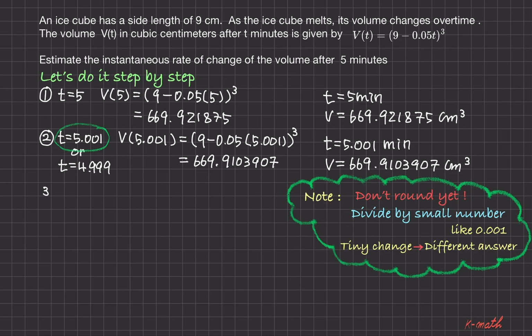Now, step 3. Find the slope of the secant line to estimate the slope of the tangent line. That's our instantaneous rate of change.